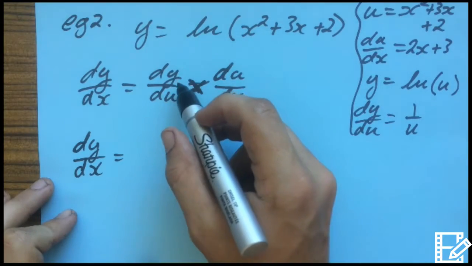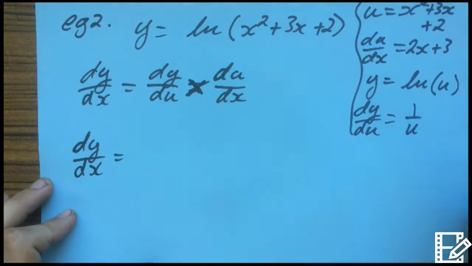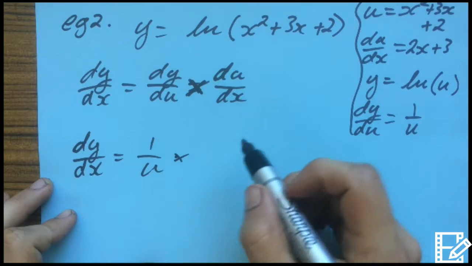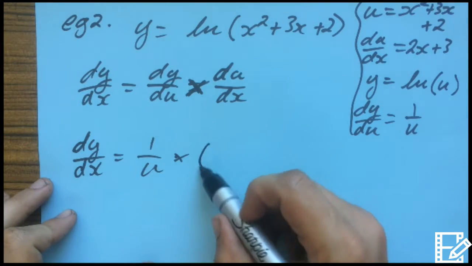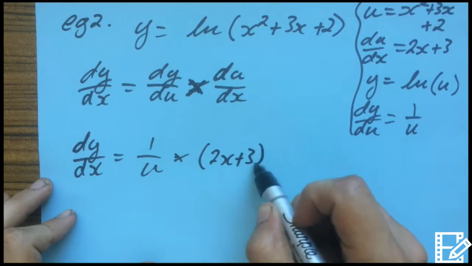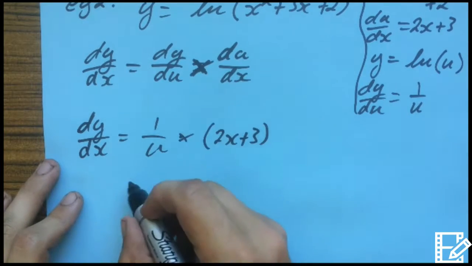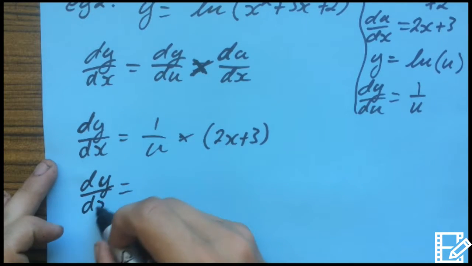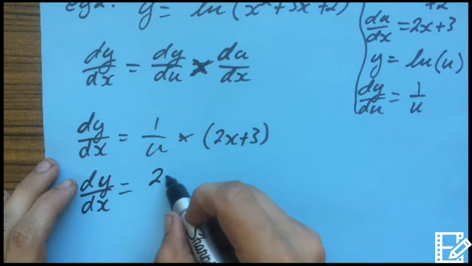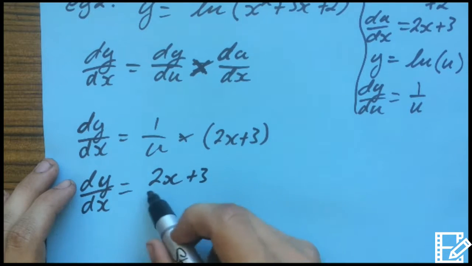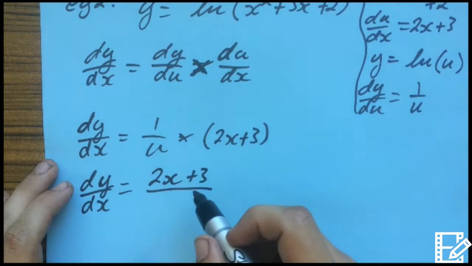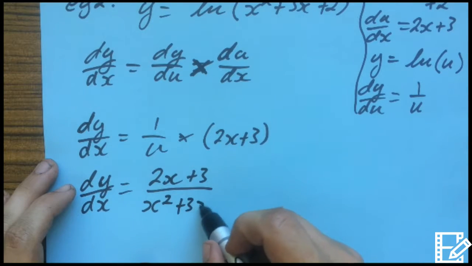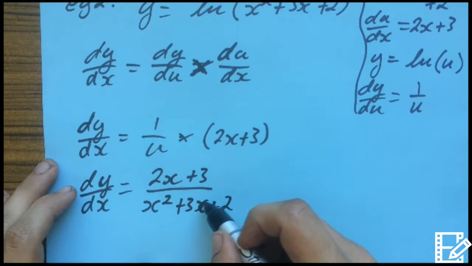The derivative of y with respect to u is 1 over u, and the derivative of u with respect to x is just 2x plus 3. So if we put the 2x plus 3 on top, and we sub in the u, what we end up with is as follows.